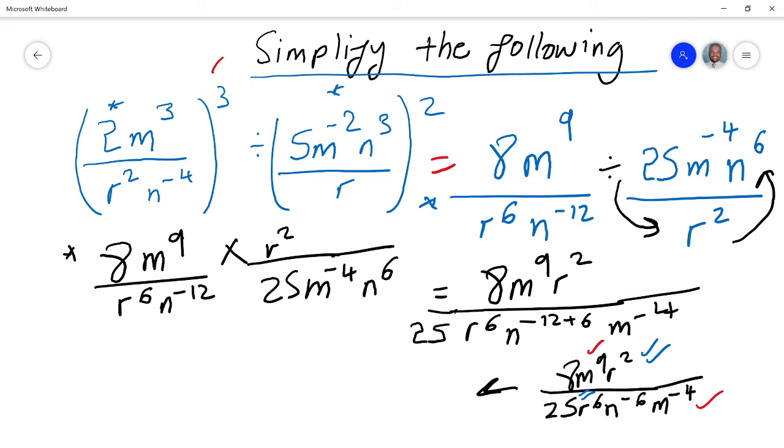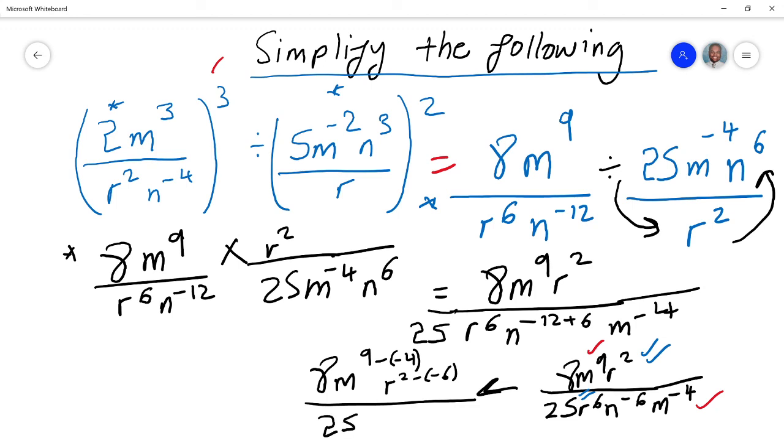So that's going to be 8m to the power 9 minus 4 and r to the power 2 minus 6, divided by 25.